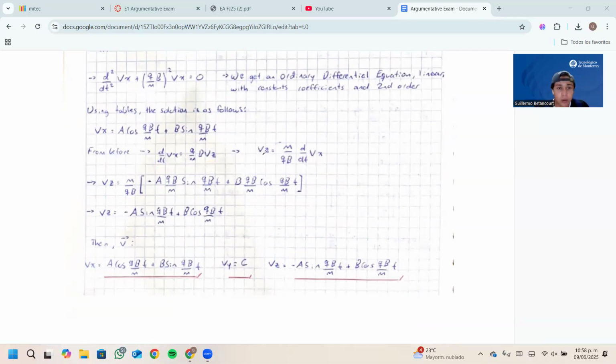So now I can substitute Bx into this, which you can see. We are left with this Bz. So now we have all these three components of the velocity on the x, y, and z.